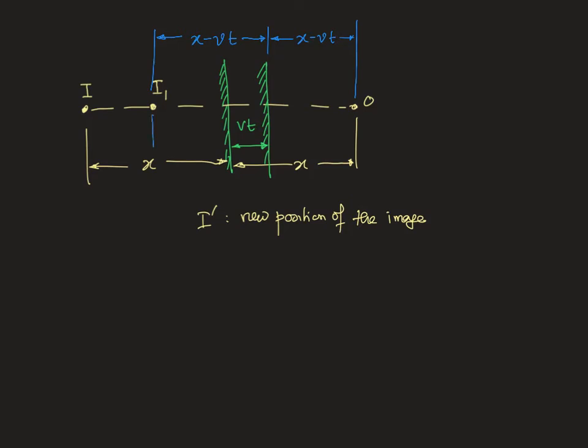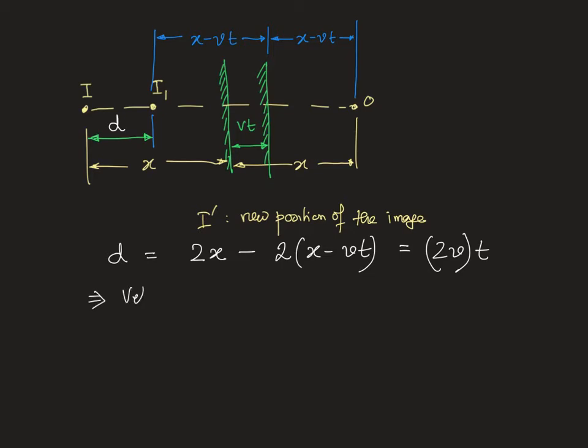Now you have to find this distance. That's easy actually. From this diagram, suppose this distance is d. You have to find d. So d is equal to 2x minus 2 times x minus vt, right? So it is 2vt. That means the image moves with how much velocity?